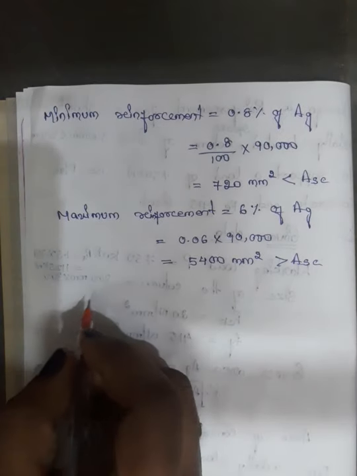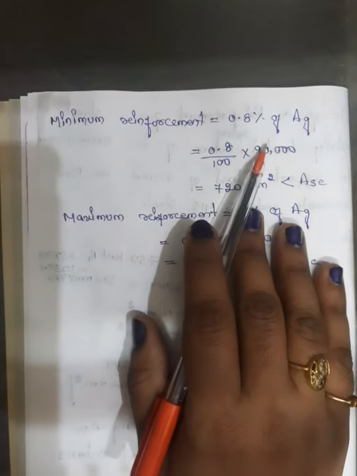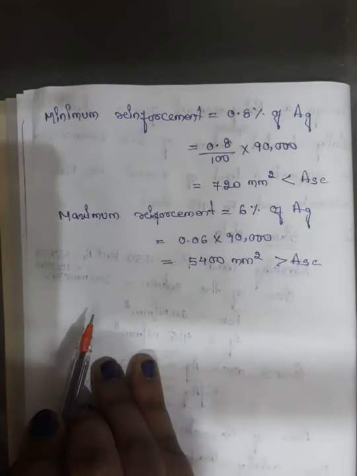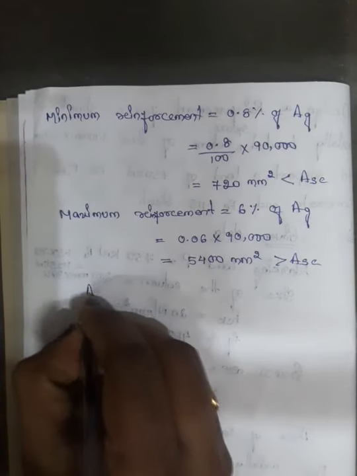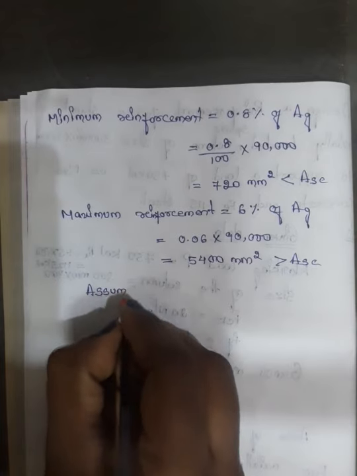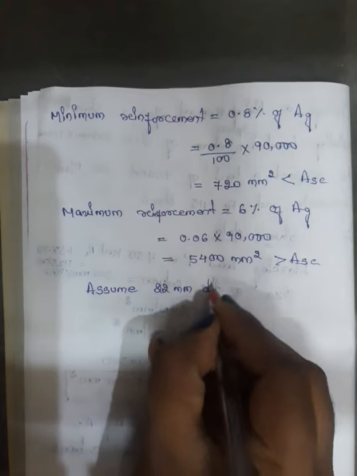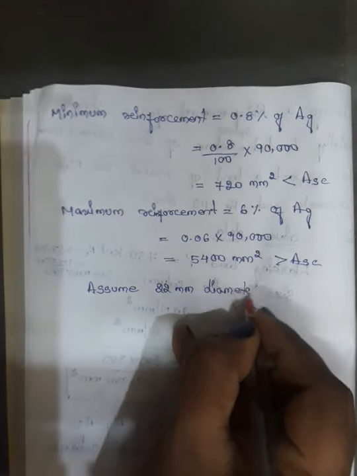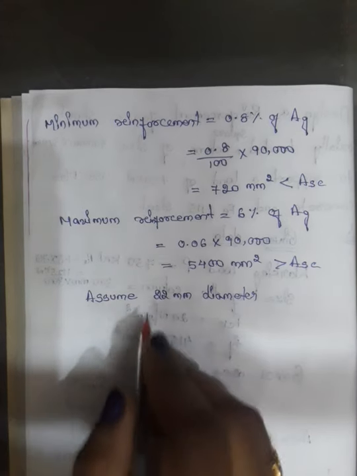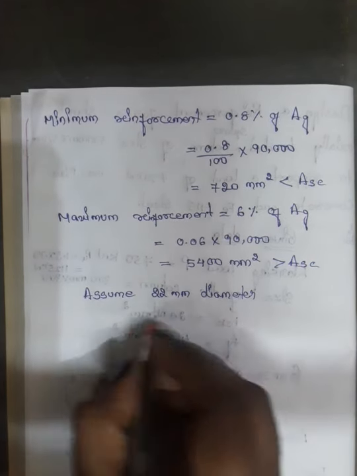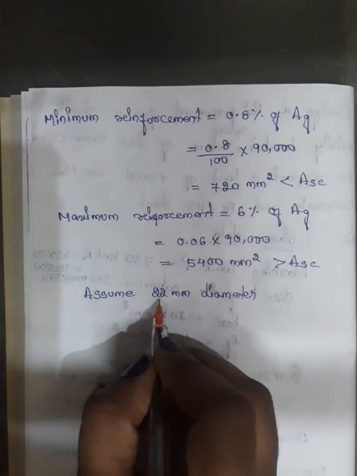Now we need to calculate how many bars are required and what is the diameter of the bar for the Asc 1499.5. So assume 22 mm diameter. You can assume the diameter based on this Asc, you can take 20, 25 like that. So we want the number of bars, right?